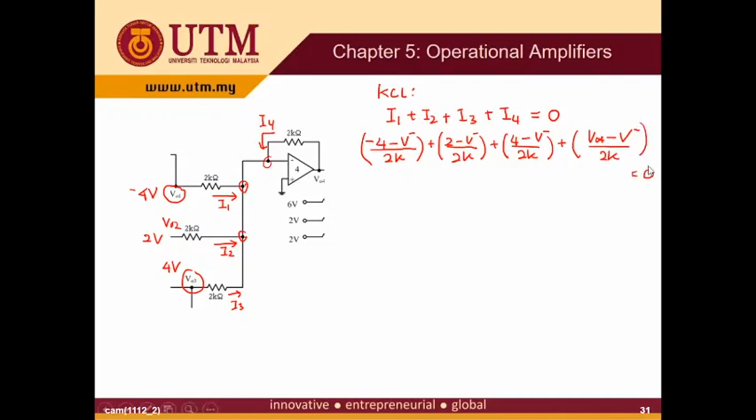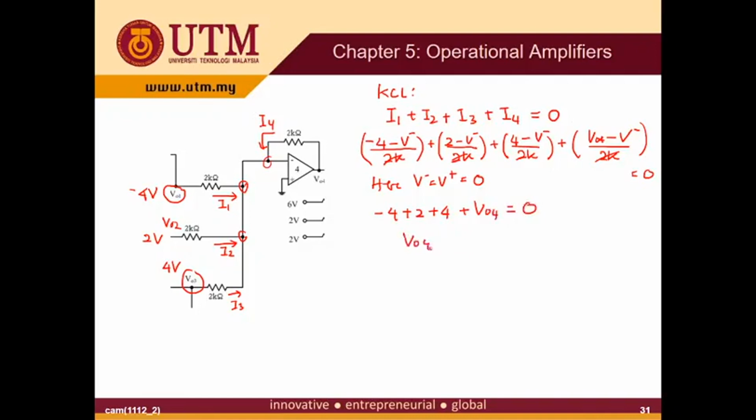So all the resistors are 2k, so this can be ignored. And then here the V minus is equal to V plus is equal to 0. So you get here minus 4 plus 2 plus 4 plus V out 4 equal to 0.